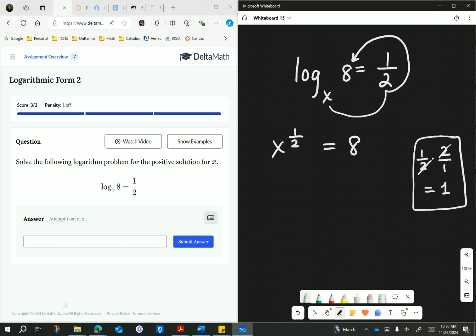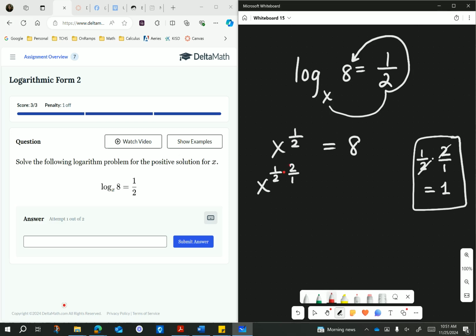So we're going to use that strategy to help us get rid of that 1/2 exponent. So x to the 1/2, I'm going to multiply that fraction by its reciprocal, because anytime you multiply any rational by its reciprocal, it's going to turn the number into 1.